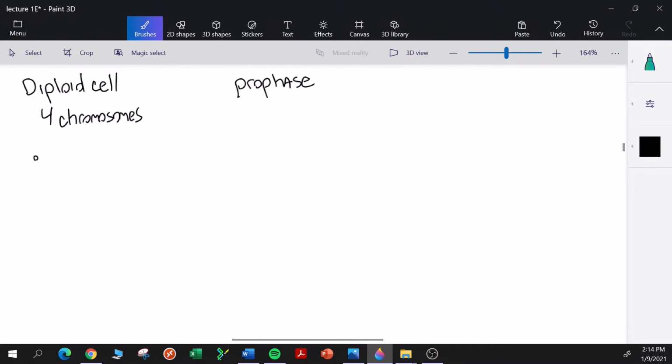And, okay, let's go with 2 metacentric chromosomes and 2 acrocentric chromosomes, and these are 2 pairs of homologous chromosomes.